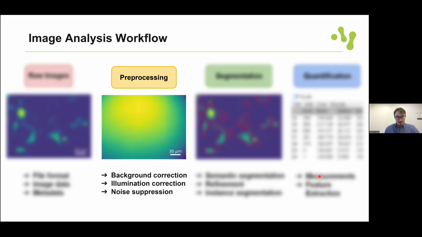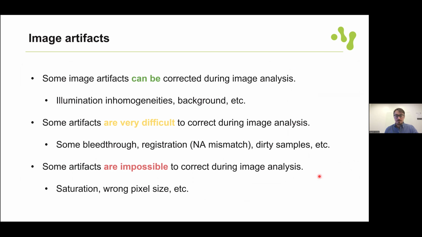Yeah. So let's jump into pre-processing. So let's say we have already acquired our raw images. We ended up with a ton of images. And before attempting to segment them, we would like to clean them up a bit. So it's not always necessary, but it's a good practice to do it, especially if you have to do intensity quantification. And here we'll mention a couple of different image artifacts.